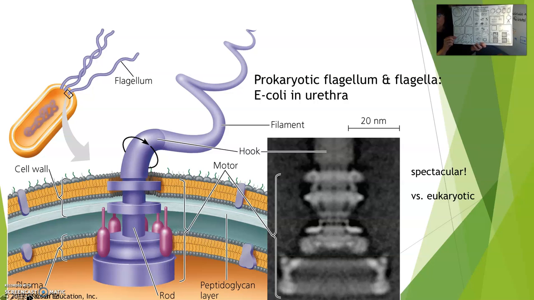One of the locomotion options is to have a whipping flagella microtubule that propels the bacterial cell or the eukaryote or the protist cell through a medium. And this is a graphic of a prokaryotic cell and its flagella, and it is just spectacular to see this under transmission electron microscopy.